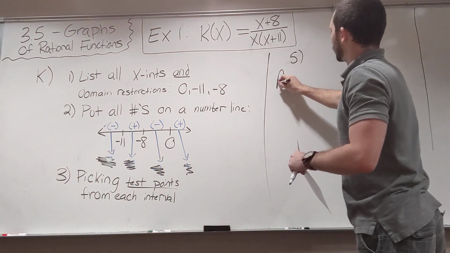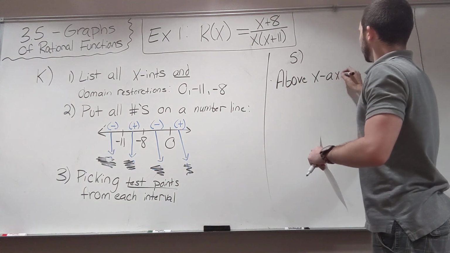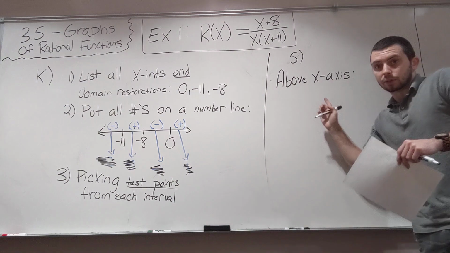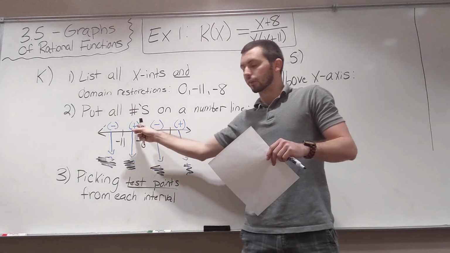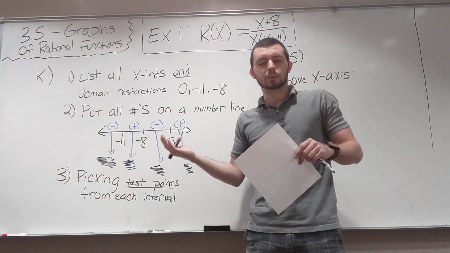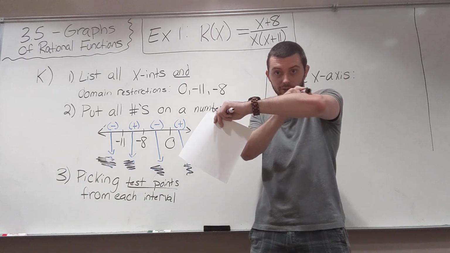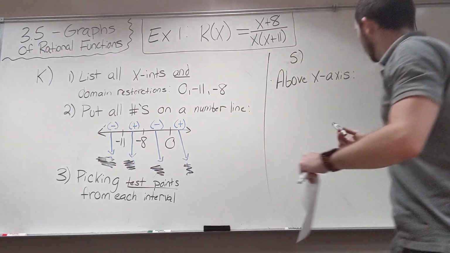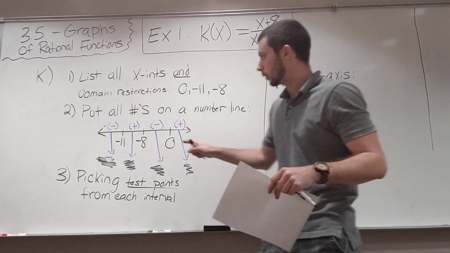So we'll start off with above the x-axis, and this will come from any segment that has a plus, a positive number, because positive numbers are up above this axis right here. So which segments have plus signs?